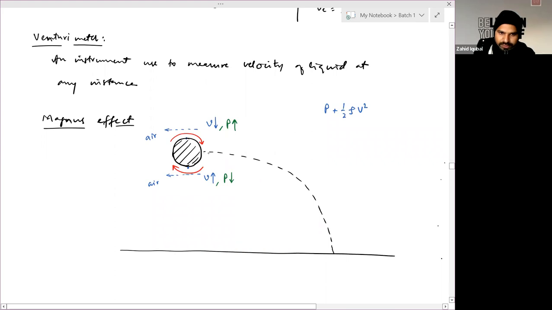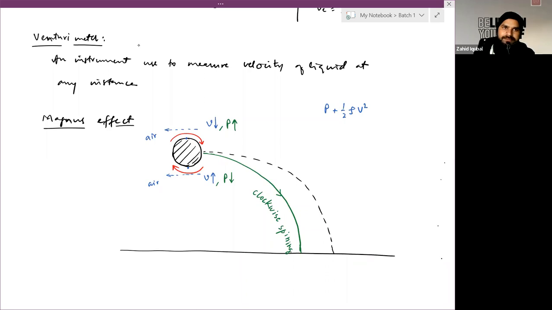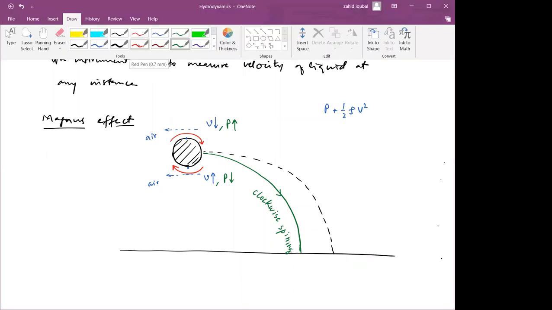So it will tend to go along this way and hit at this point. This will be a case of clockwise spinning. Is it clear? Yes, sir.